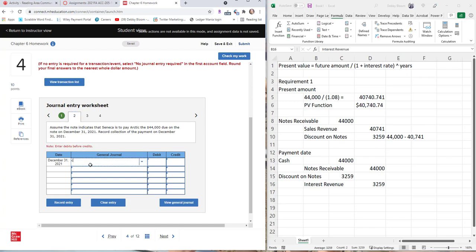So I'm just going to enter all of my debits first, cash, and then my other debit is discount on notes. And I have 2 credits, notes receivable and interest revenue.